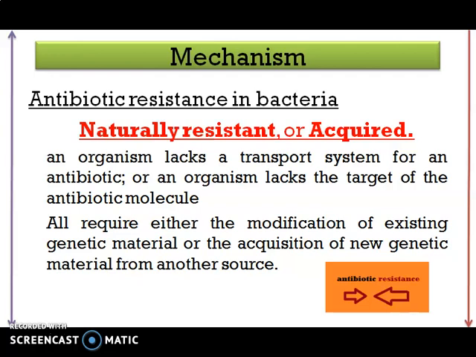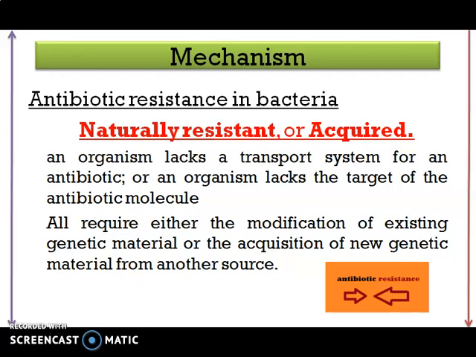But in case of acquired resistance, irrational use of antibiotics is the major consideration, and this resistance develops either by gene transfer or by mutation or by modification in the biochemical mechanism. In the last slide I showed conjugation, transduction, transformation.